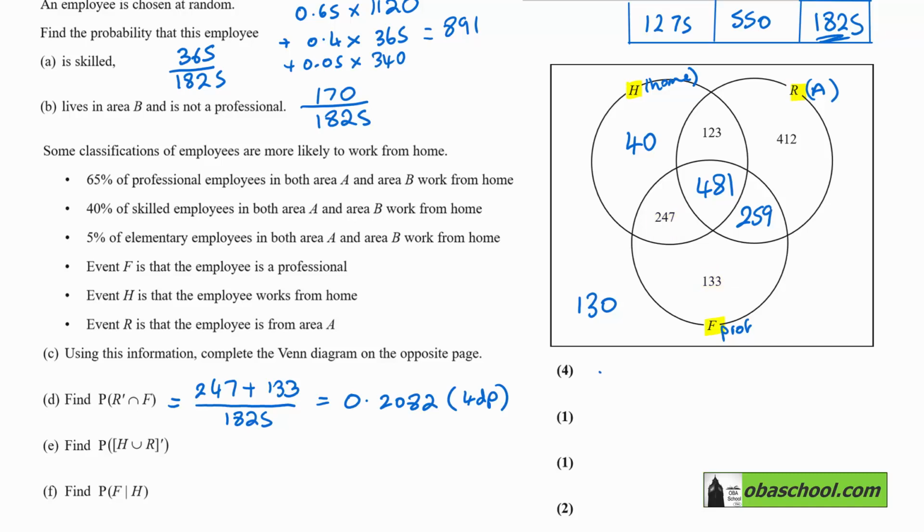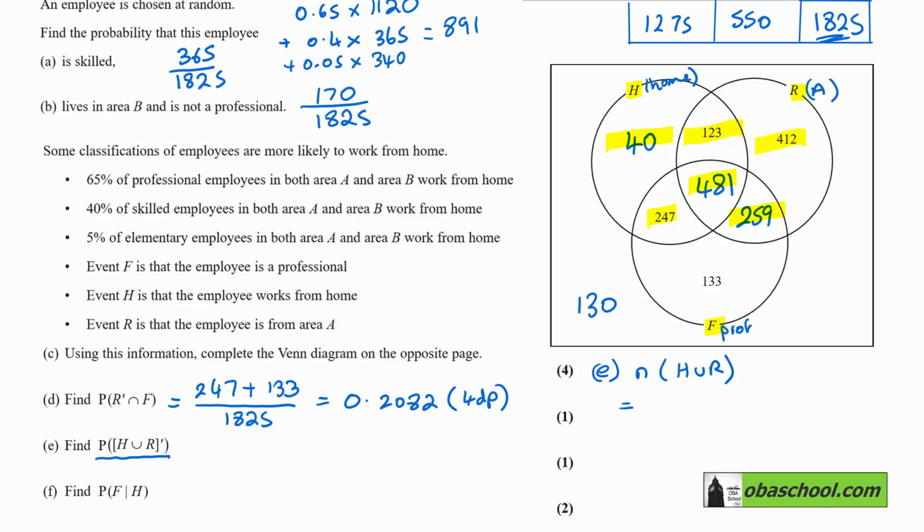Now in E, we want the probability of not H union R. So let's look at the number of things in H union R. So if we think about H union R, we're talking about these values just here.